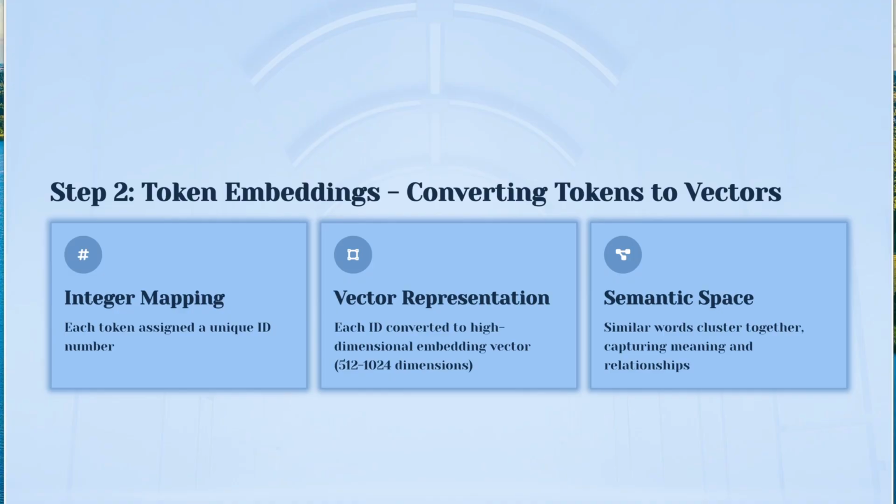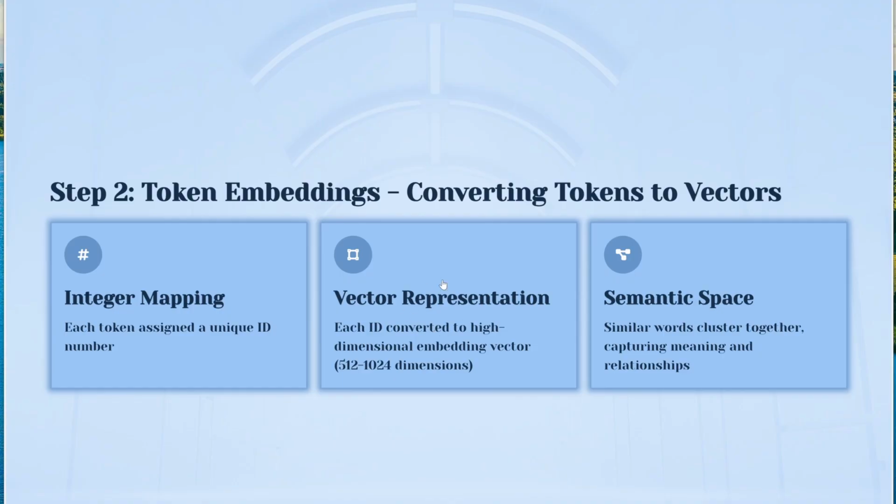For example, token ID 127 is not inherently closer to 128 than it is to 9000. These are numbers and they are just labels. So the next critical step is to convert each token ID into a vector representation that has some meaning in terms of closeness and so on.